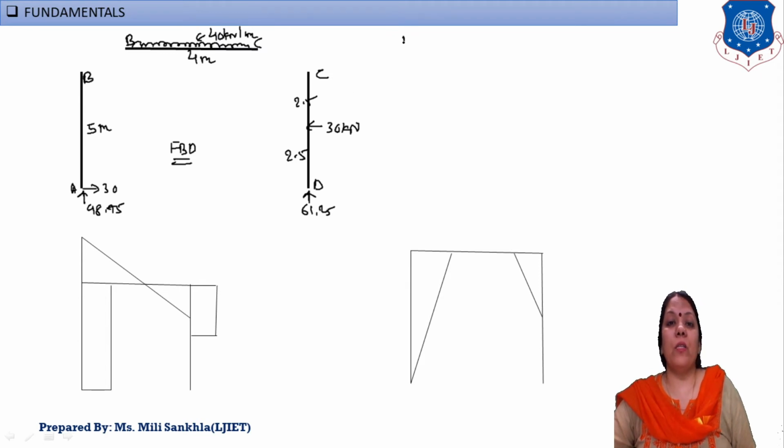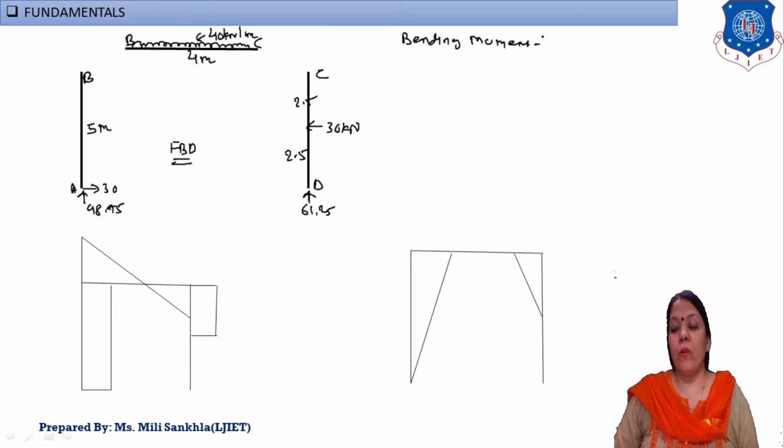Okay, now one by one we balance. Here we also mention bending moment, because after balancing the member horizontally and vertically we balance moment. First we balance member AB, because we select one point.